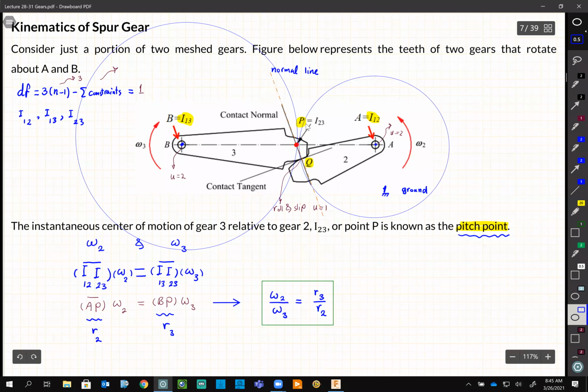Okay, these 2 circles, like these 2 gears, but 2 imaginary circles, they are rolling at point P. And as you can see, these 2 circles, they are not the outside circle or inside circle.